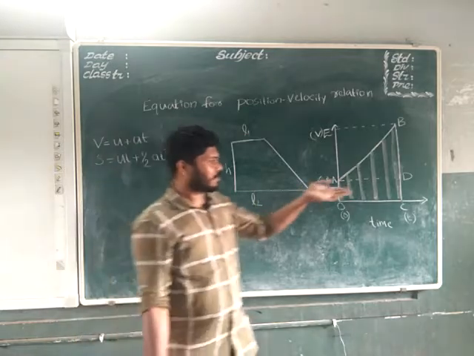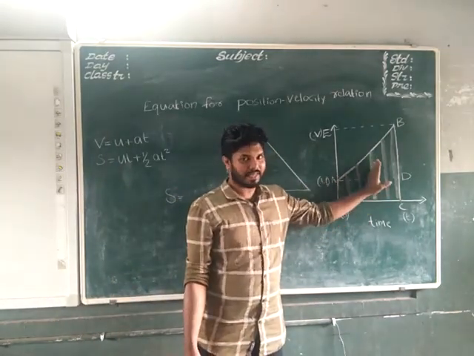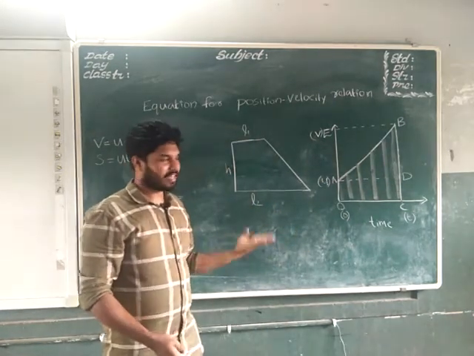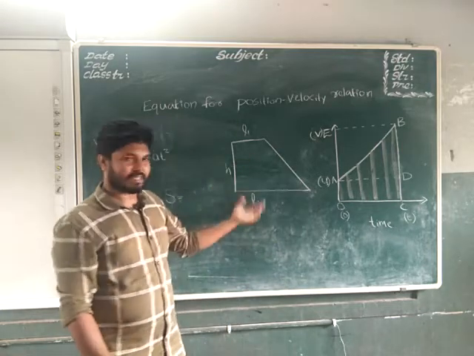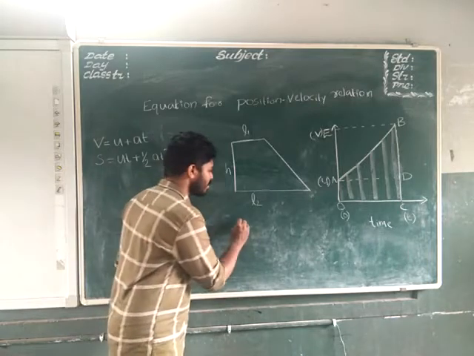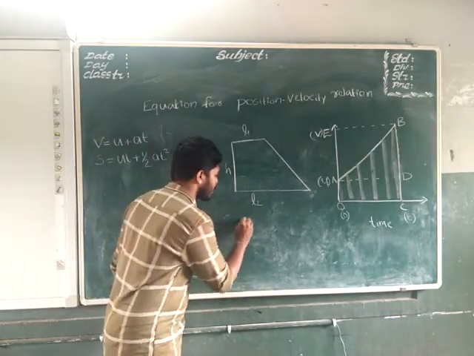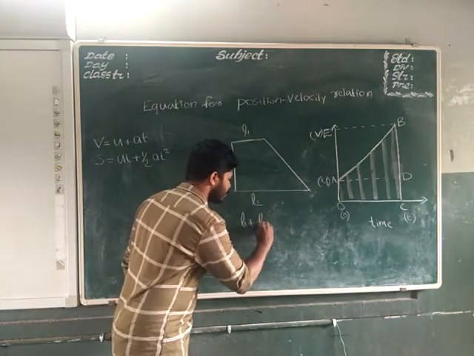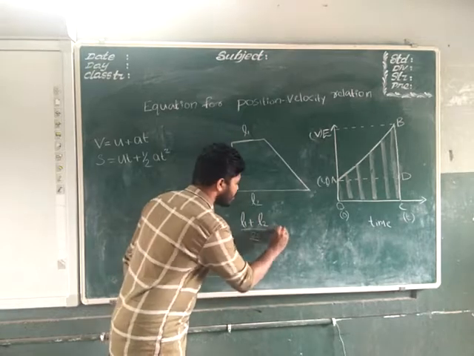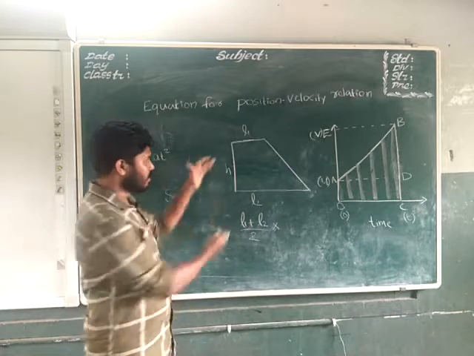Instead of splitting this into a rectangle and triangle, if we know the area of a trapezium, we can directly apply that equation, isn't it? Let us do like that. See, here is a trapezium. How to find the area of a trapezium? It's very simple. Sum of the lengths, L1 plus L2, divided by 2, into the distance between the parallels.